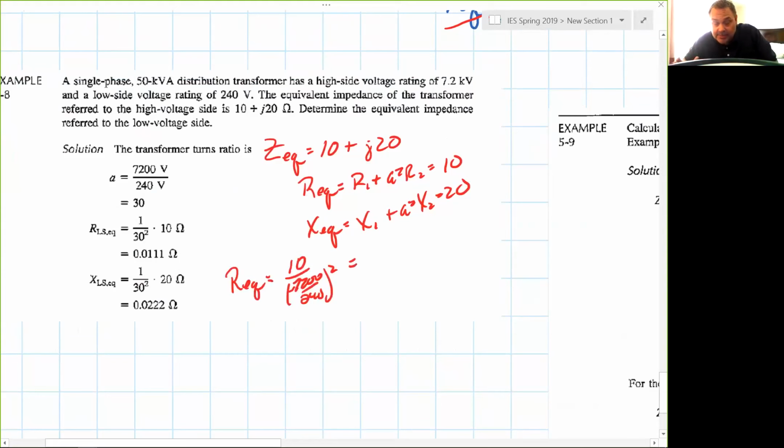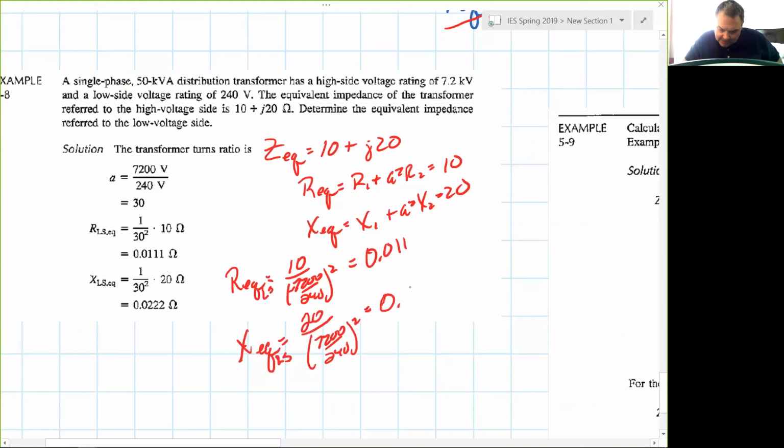And remember, the way I always do my ratios is it's always greater than 1, so it's always the high voltage side over the low voltage side. So it'd be 10 divided by 30 squared. And if you do that calculation, it should give you 0.110111 ohms. And then X equivalent, and these are all referred to the low side, equal to 20 over 7200 over 240 squared.